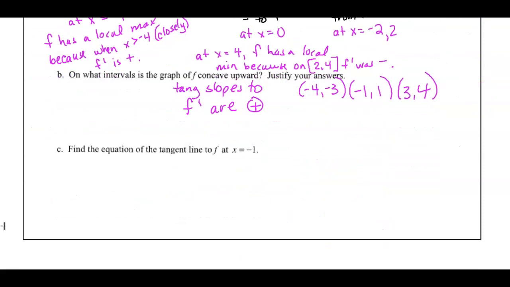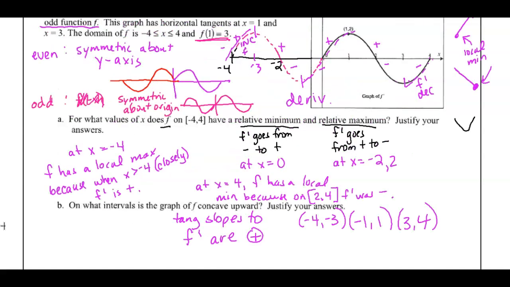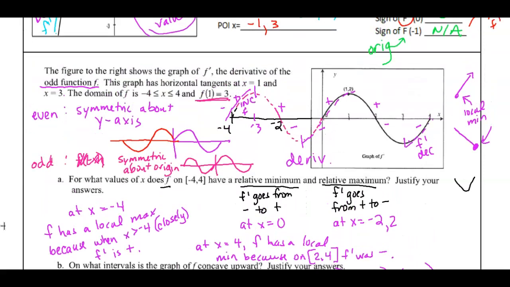Find the equation of the tangent line. So we've got y minus y1 equals m times x minus x1. They gave us the point at 1, the original, so f of 1 is 3. So here's 1, up 3, and this is going to be f.